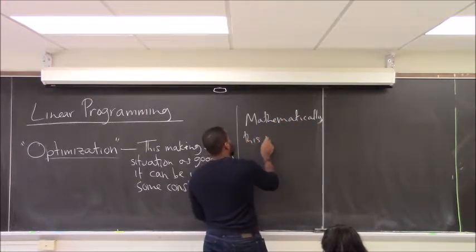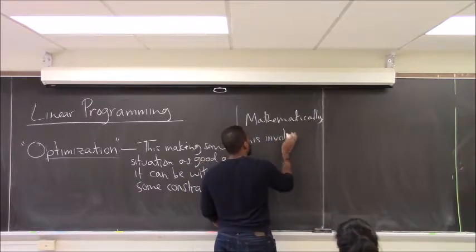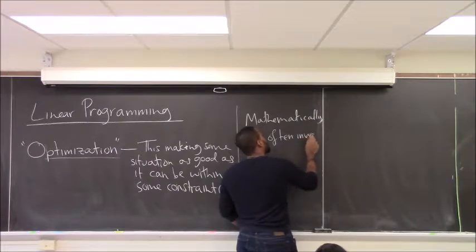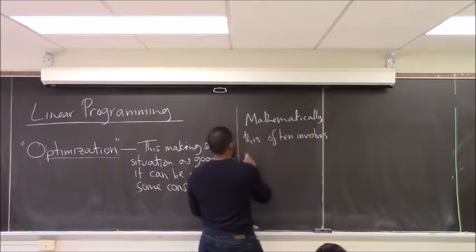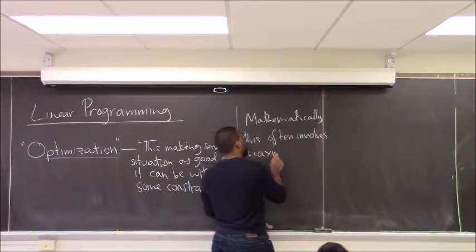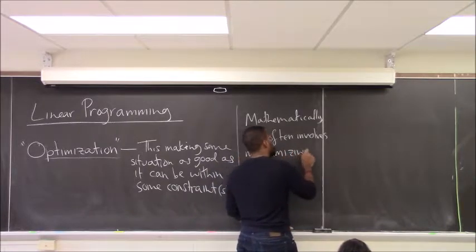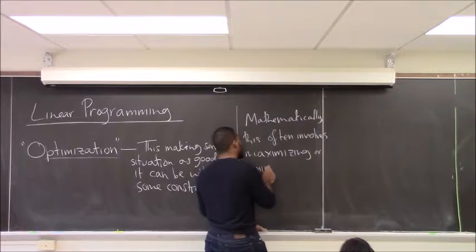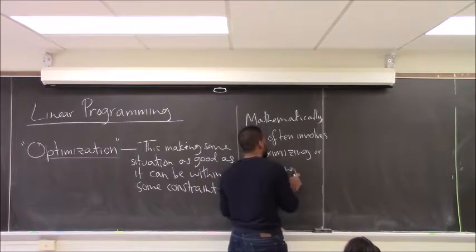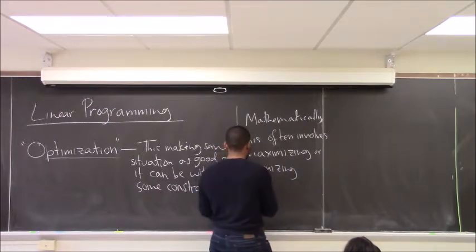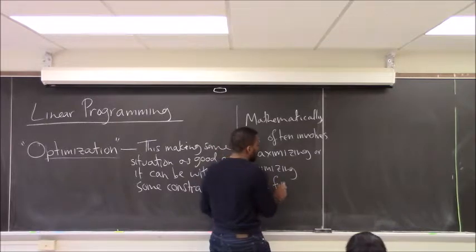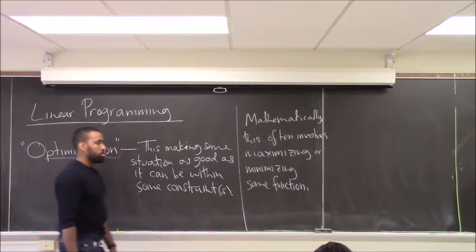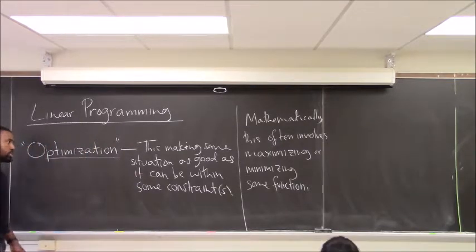Now, mathematically, this often involves maximizing, meaning finding the largest value, or minimizing, finding the smallest value, some function. There are many optimization techniques, many different kinds of models and approaches that you can use.